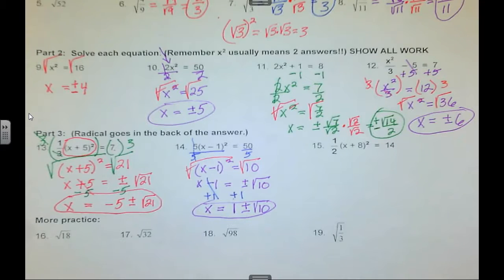Dividing by 1/2 is the same as multiplying by 2. Kind of. Almost.